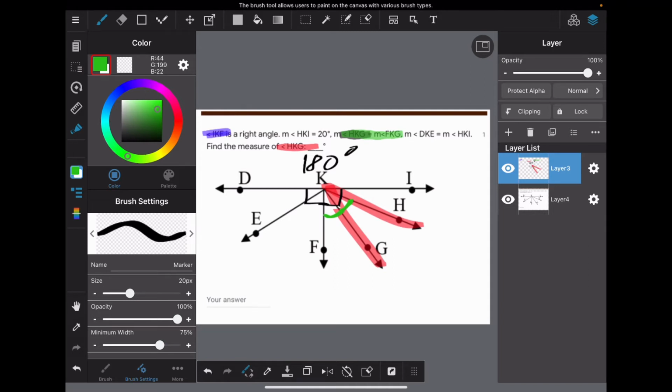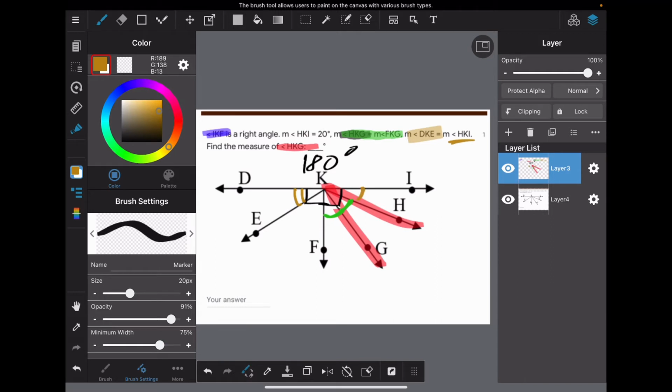And lastly, we can see that the measure of DKE, right here, is congruent to HKI. So we have DKE, and I'm using two angle markers this time to differentiate it from these guys. DKE is congruent to HKI.